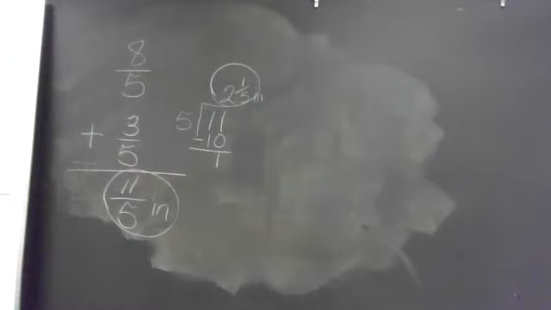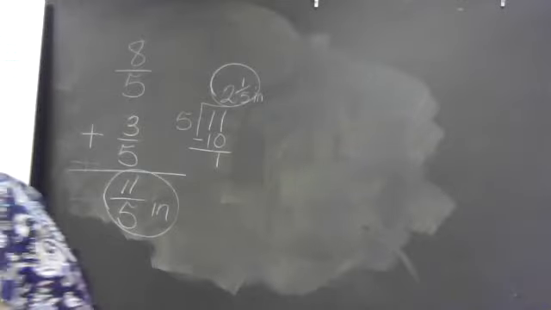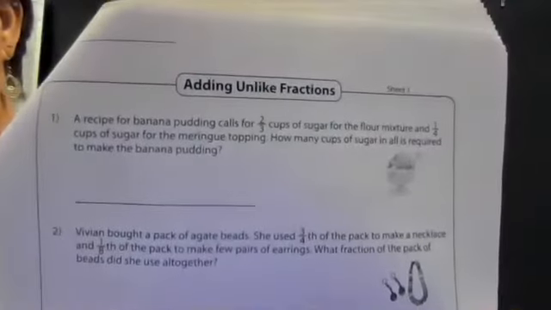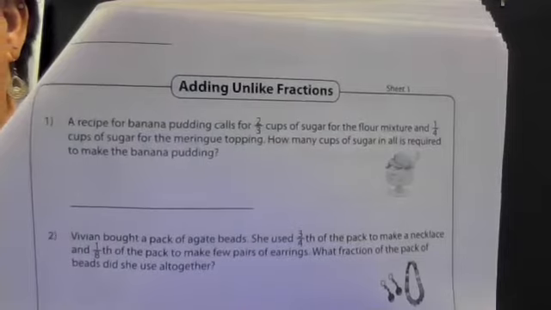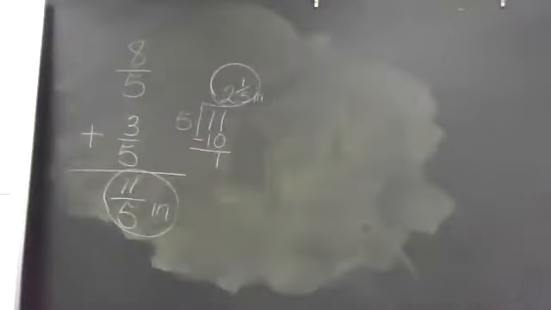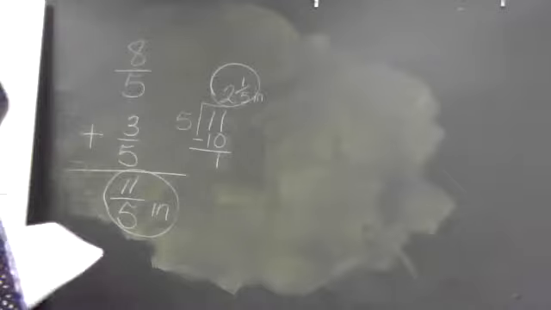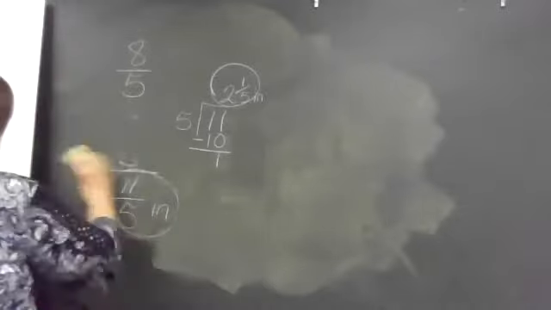Then the next page is also word problems, but these have different denominators. Notice the top, it just gives you a little hint, and I try to take you in slowly through things, okay? Up at the top, notice that it says add.